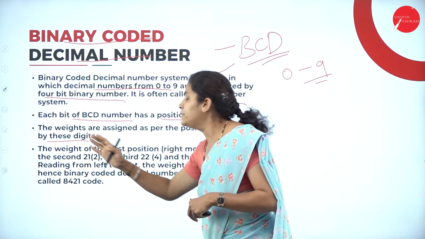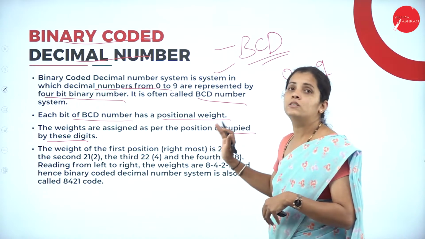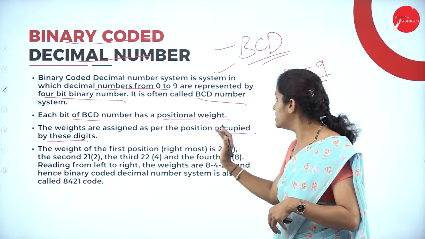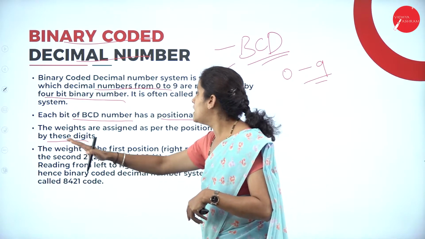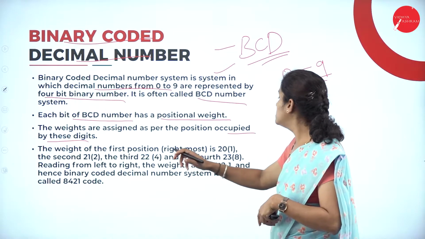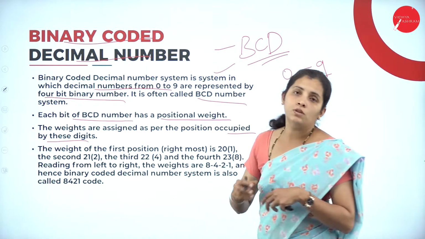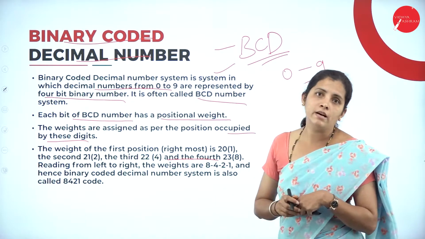So the weight of the first position, starting from the rightmost, is 2 to the power 0, and the second one is 2 to the power 1, the next one 2 to the power 2, and the fourth one 2 to the power 3.